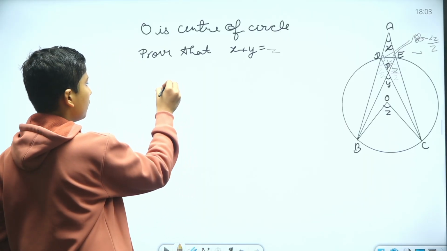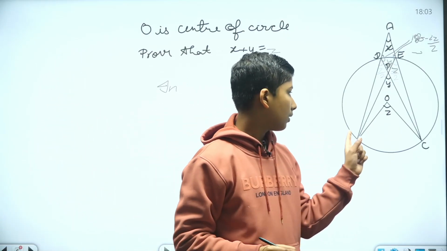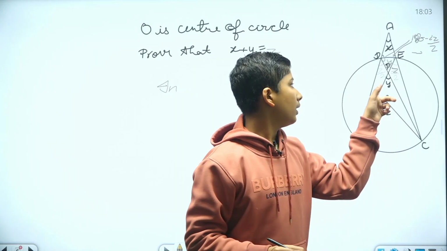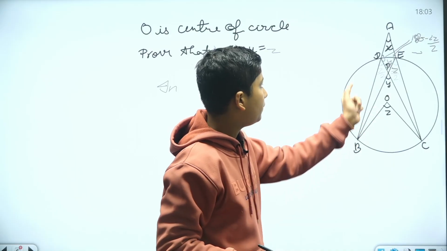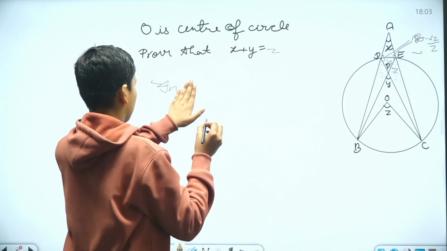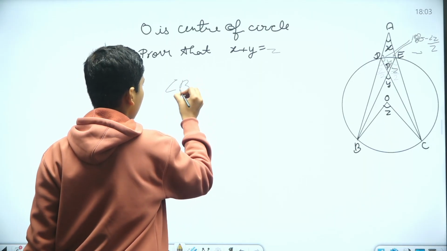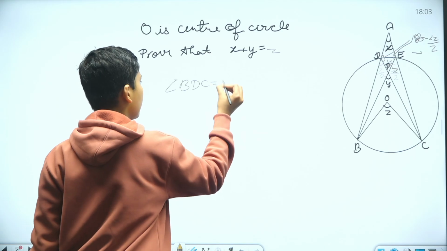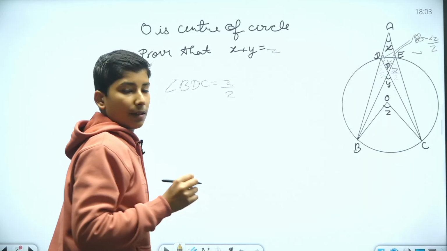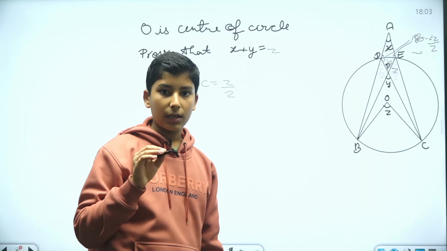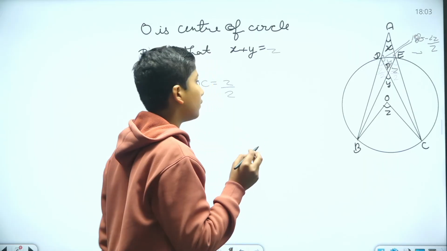In triangle, yes, angle BDC equal to z by 2. Here you will write the reason. Angle subtended by arc in the center is double the angle by the same arc in any other part of the circle.